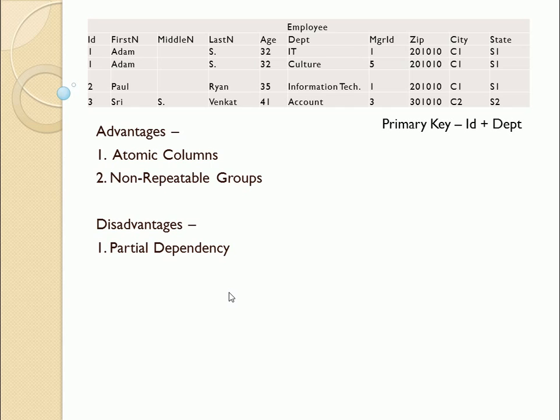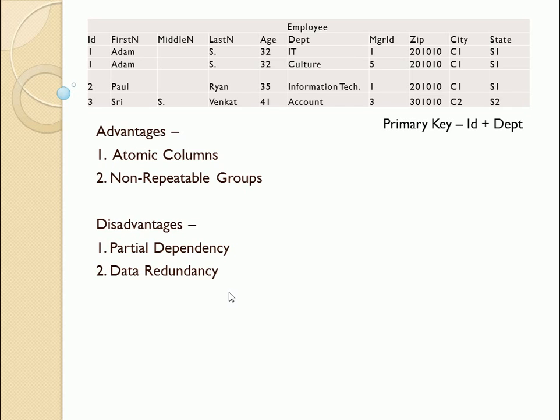Another thing you might notice is there is data redundancy in first normal form. If you compare with a totally denormalized database, the data redundancy is increased in first normal form.